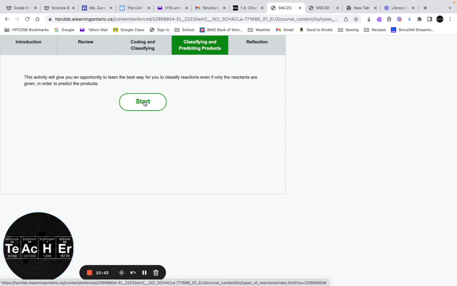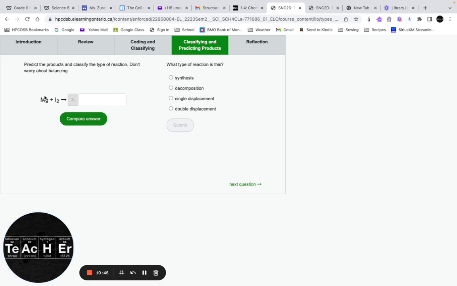And then this is the most fun. Okay. You can predict the products of these reactions. So here's two single elements together. You know, which type of reaction is this? Well, two single elements by themselves is going to be a synthesis reaction. You can submit and see if, you know, just if you want to test yourself on the type of reaction, but you should also try here, you know, what would be the compound that gets made?